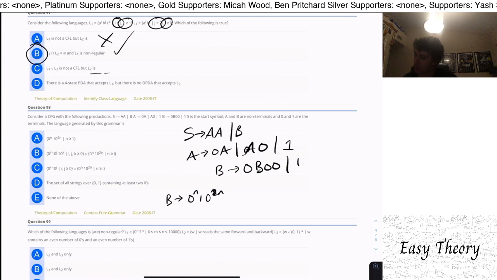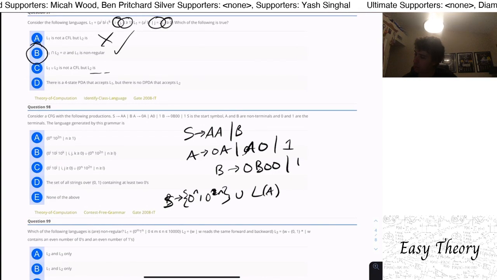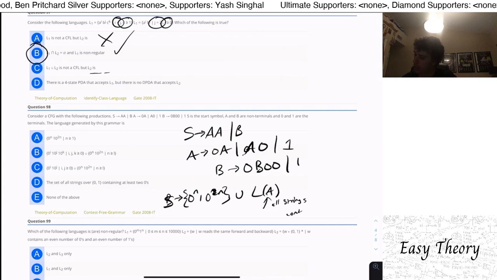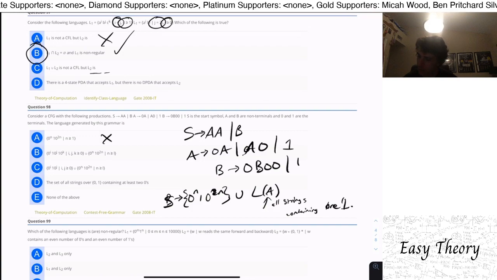S is the start variable. So S is this thing union whatever A makes, which is all strings containing 1, 1, I think. So it's not this one. This one has 2 1s in it.